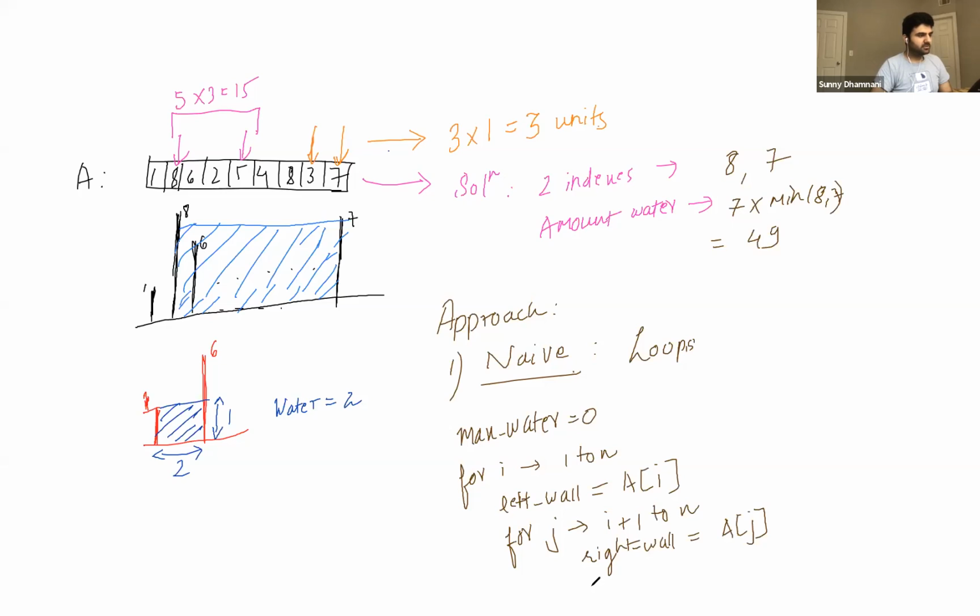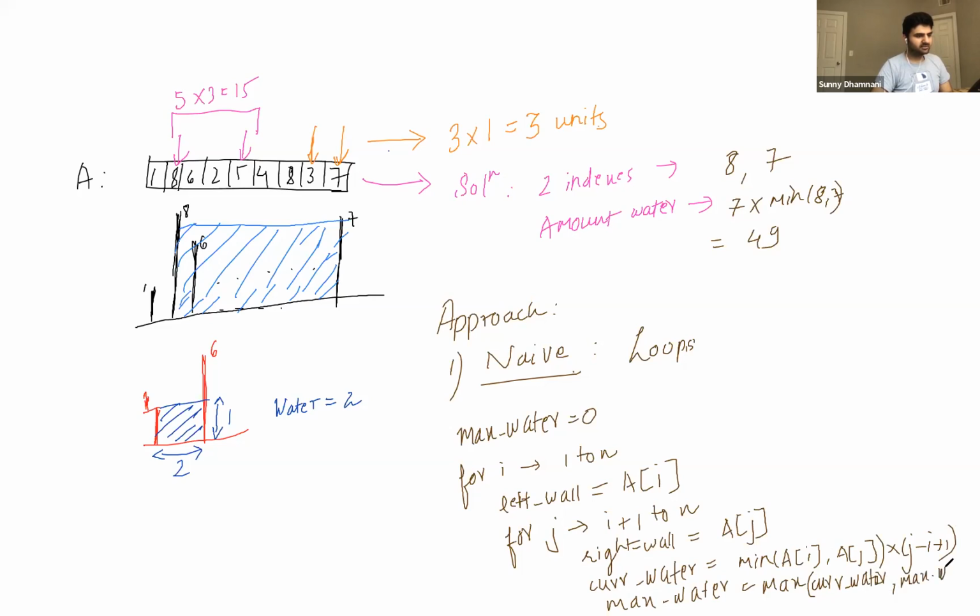And the current water amount would be the minimum of a of i comma a of j, into j minus i plus 1, and maximum water will be the max of current water and max water.